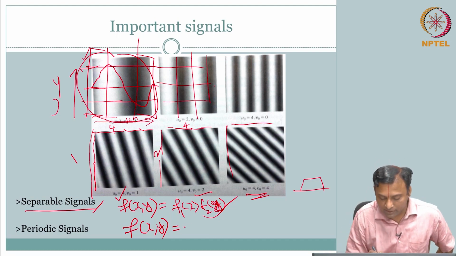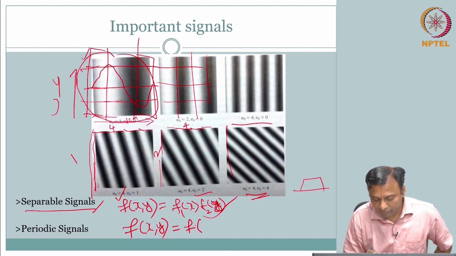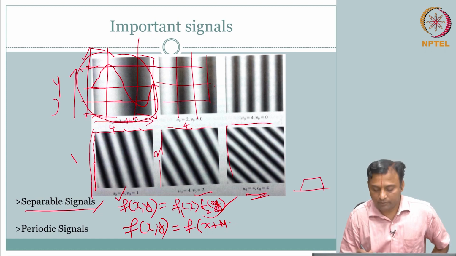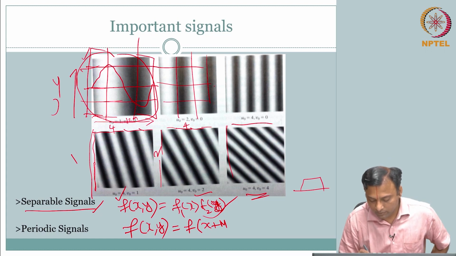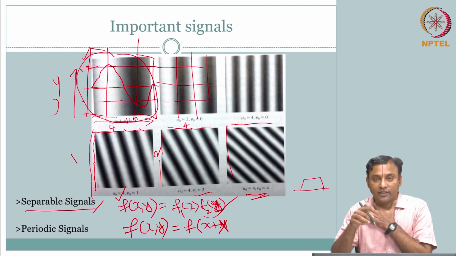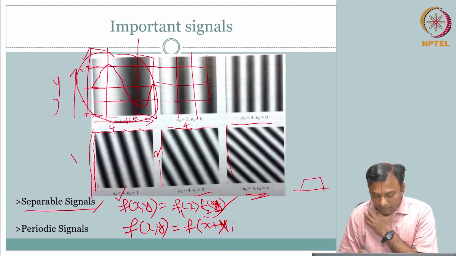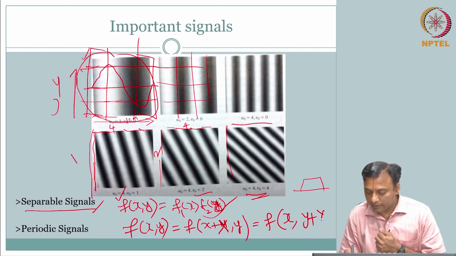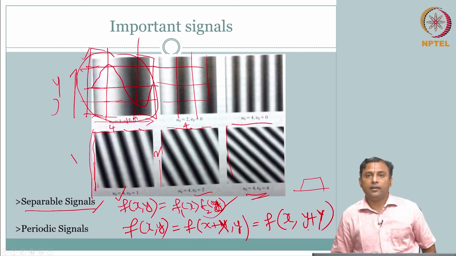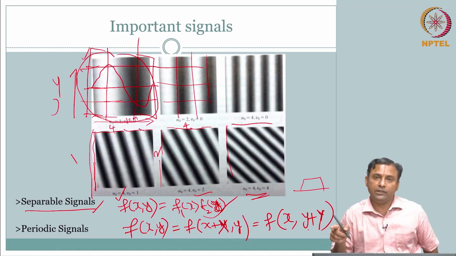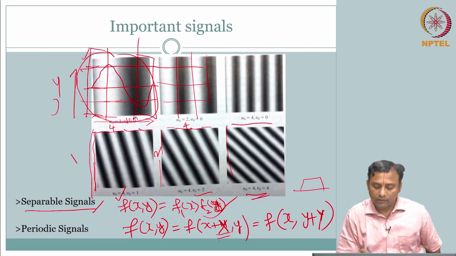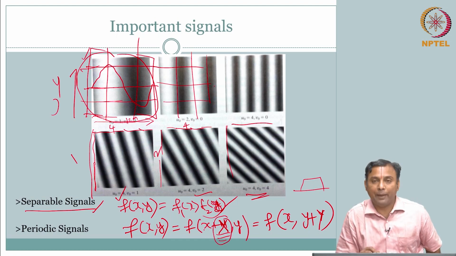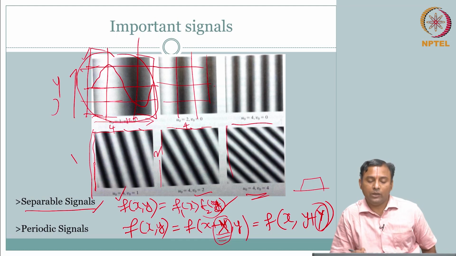So I can say f of x comma y is the same as f of x plus some period, let us call it capital X just because we used this for the rect function, comma y, and this better be the same as f of x comma y plus capital Y. That means it is periodic both in the x direction and the y direction, with a spatial period, capital X in the x direction and capital Y in the y direction.